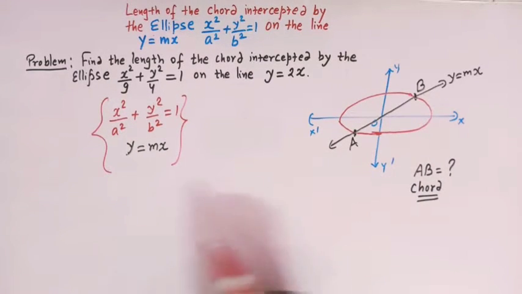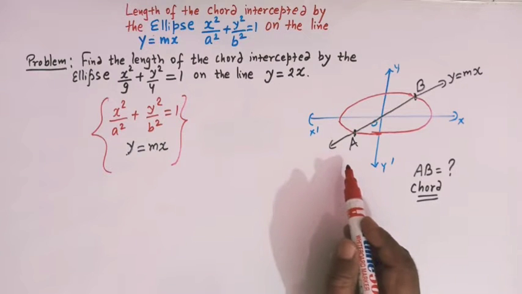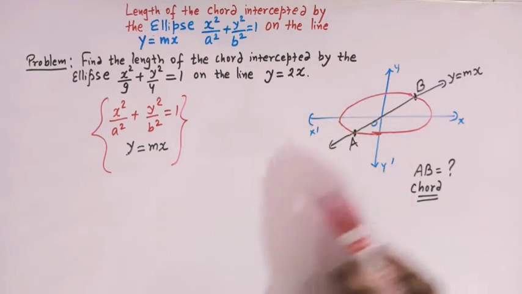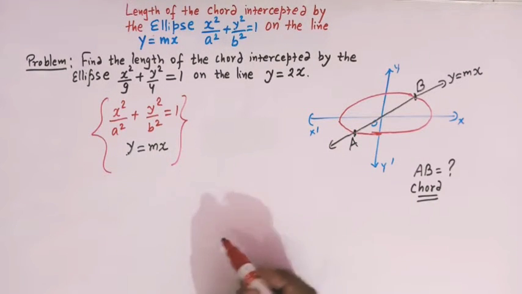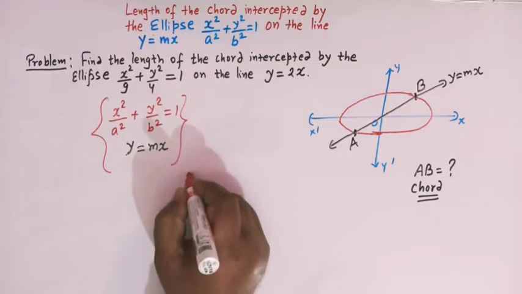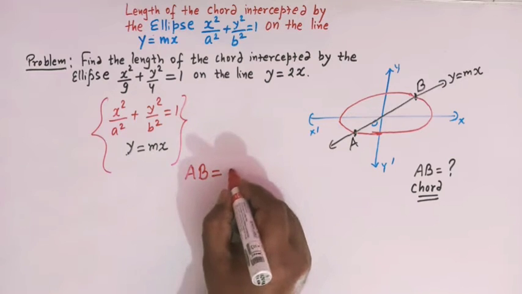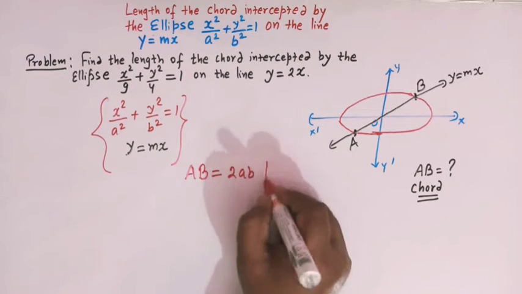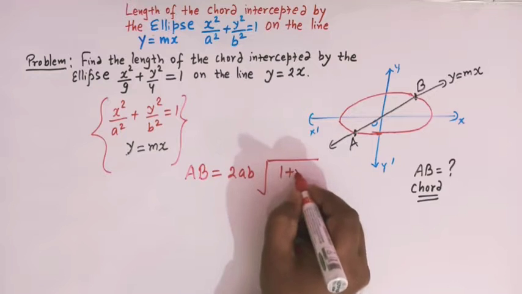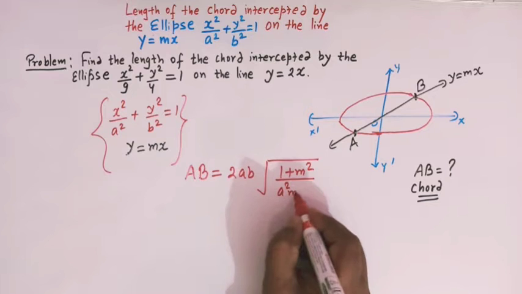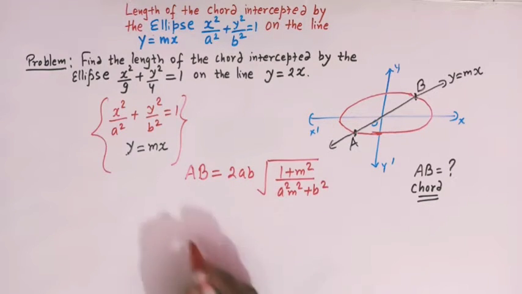Okay, so now here when we have the general equations of ellipse and the line, then we can derive a general formula for the length of this chord AB, and in this video we are not going to derive that formula, right? So here we are going to use the direct formula, and the formula reads like this, that is, the length of this chord AB is equal to 2ab times the square root of (1 + m²) over (a²m² + b²), right?